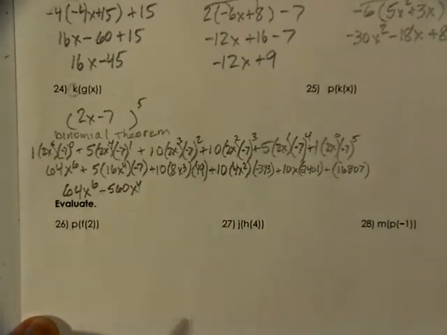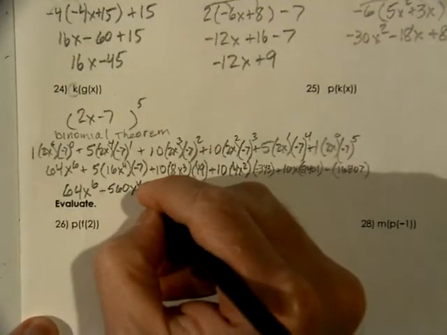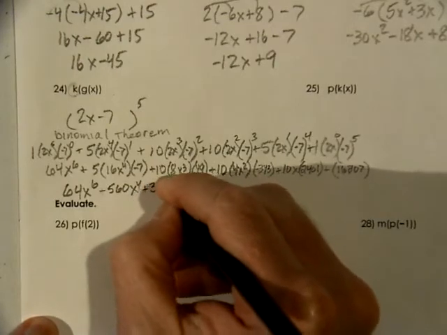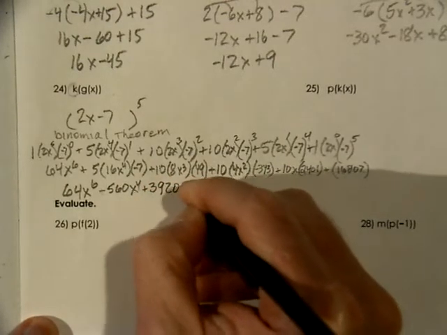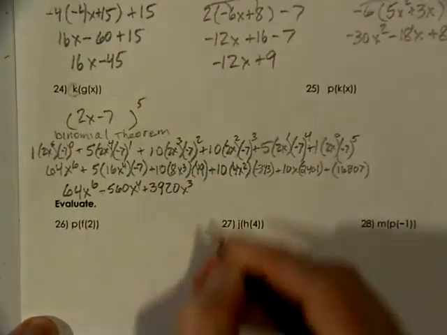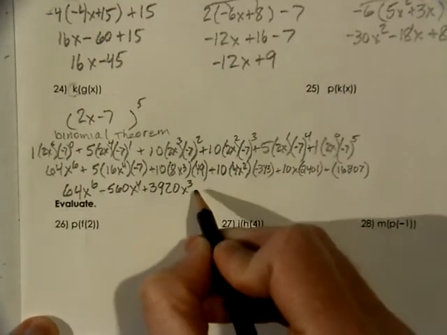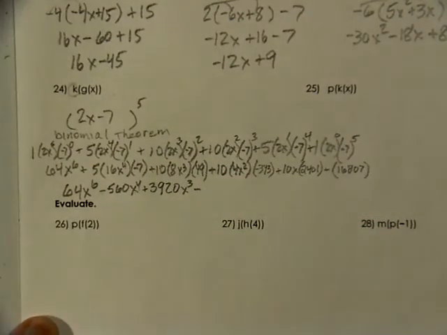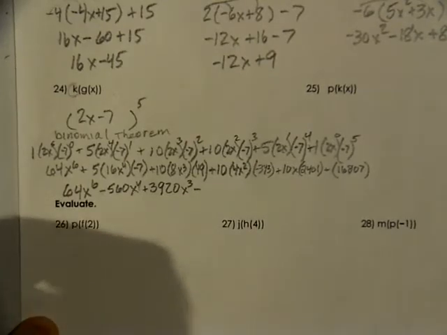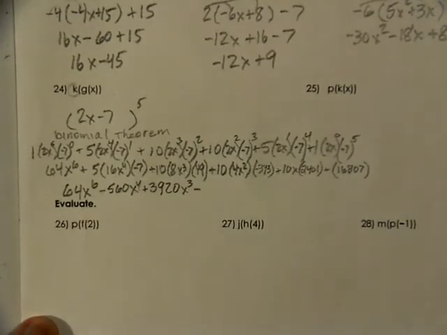This is 10 times 8 times 49. That's x cubed. This is going to have a negative involved with it. So 10 times 4 times 343.